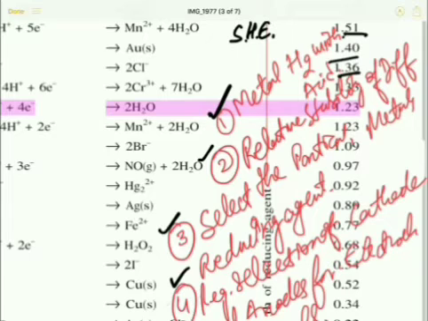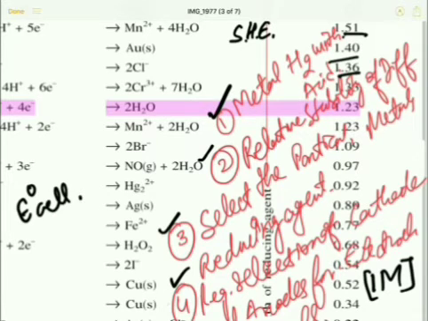So these values are obtained at standard conditions of temperature and pressure, and the standard condition of the concentration of the electrolyte, that is 1 molar solution. So what will be the impact on the E naught of the cell if the concentration of the cathode and anode is not 1 molar?